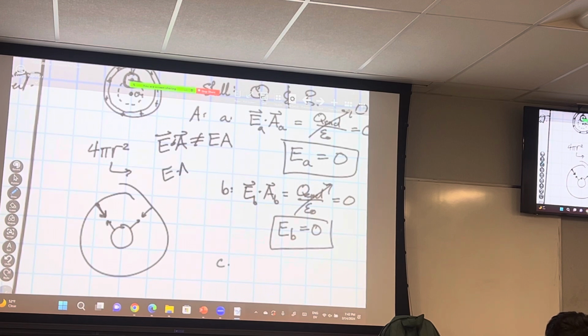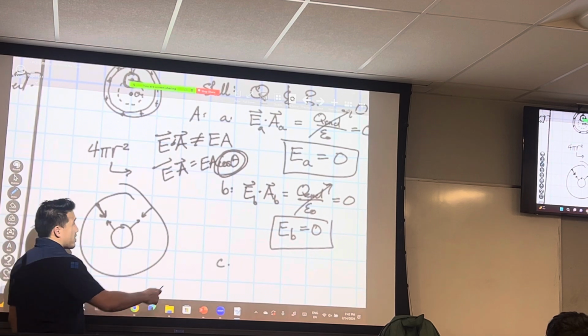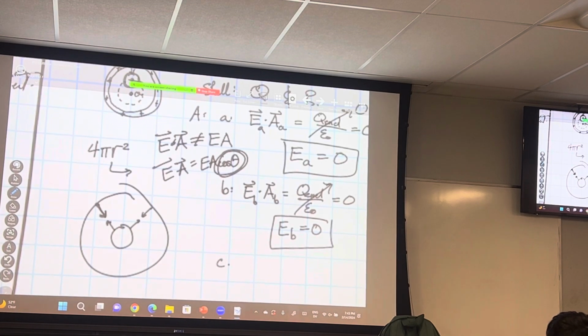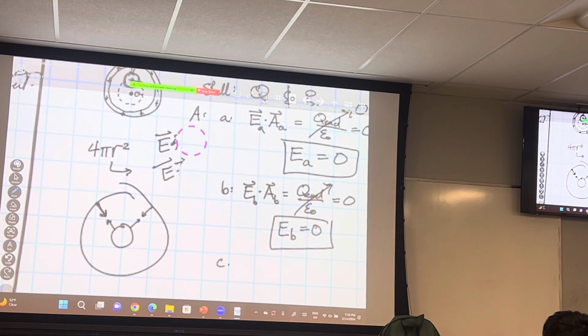E dot A, remember, is equal to E A cosine of theta. Even if Q enclosed was equal to 0, if cosine of theta is equal to 0, you still satisfy that identity, and you can't conclude that the electric field would be 0. Right, okay. That does make sense. Thank you.